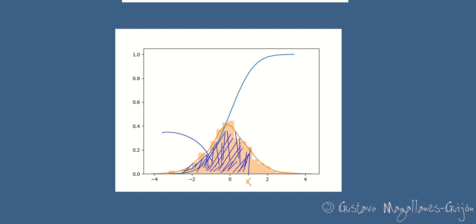Do you remember? Area is probability for this variable in this form. Then it is the same for this.